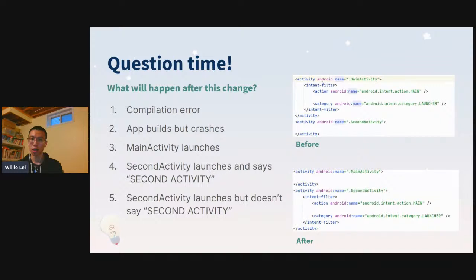So I change this intent filter to be within second activity rather than main activity. I'm just going to start a poll. So we have several options. Either there might be a compilation error, the app will build but it will crash, the main activity will launch, the second activity will launch and say second activity, or the second activity launches but doesn't say second activity. So these are your different options.